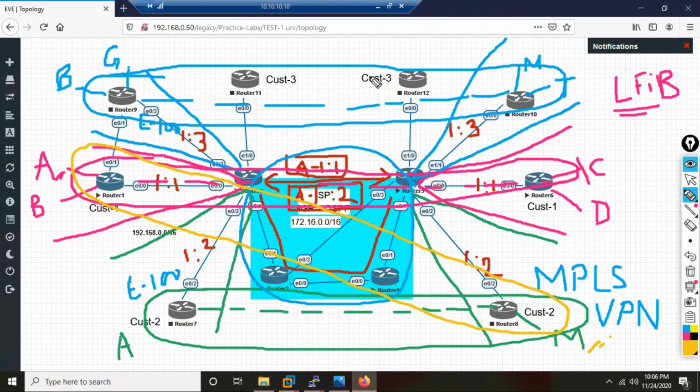Tomorrow we'll see what the requirements of a VRF are. RD is not compulsory. RT is not compulsory. Please understand, to create the VRF, RD and RT are not compulsory. But ultimately, today maybe you don't want them, but tomorrow you will require those things.